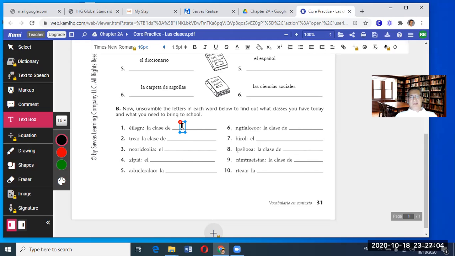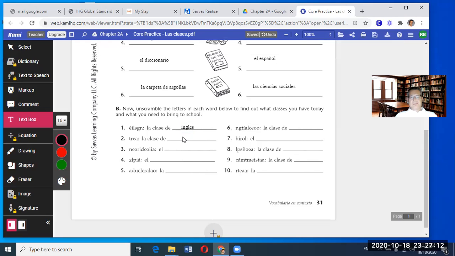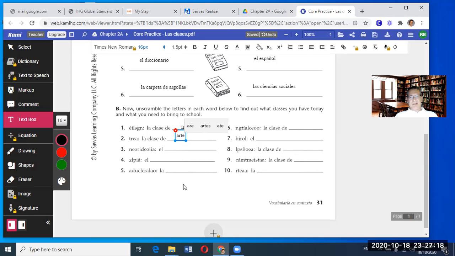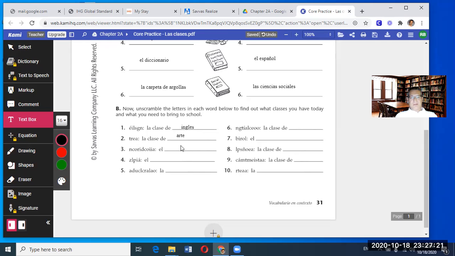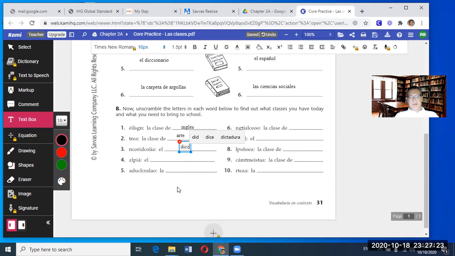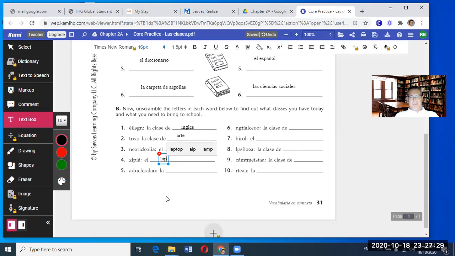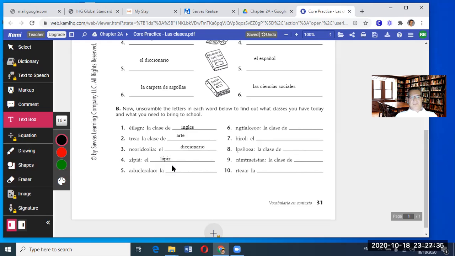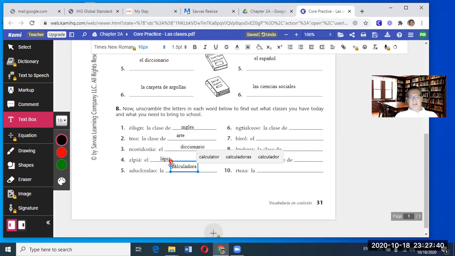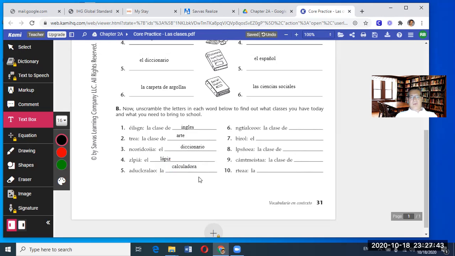La clase de inglés, la clase de arte, el diccionario, el lápiz, pencil, la calculadora, the calculator.